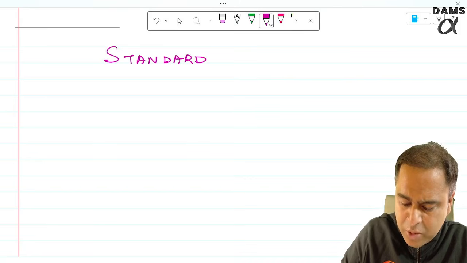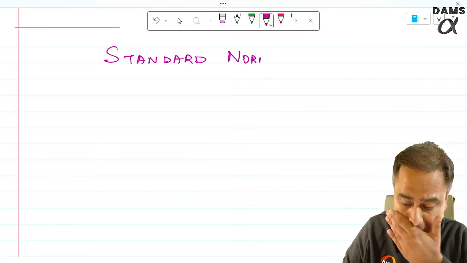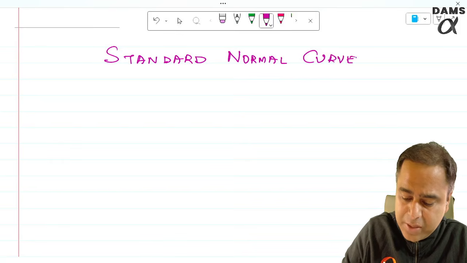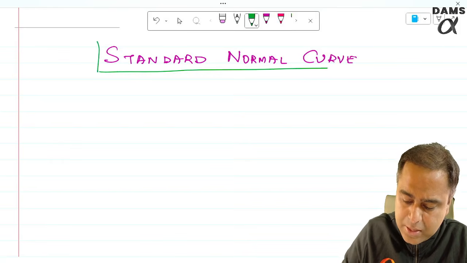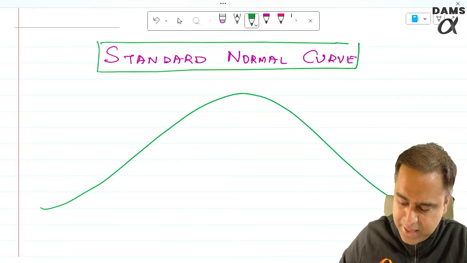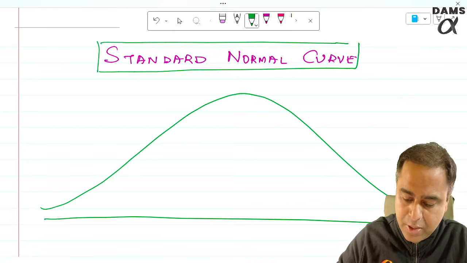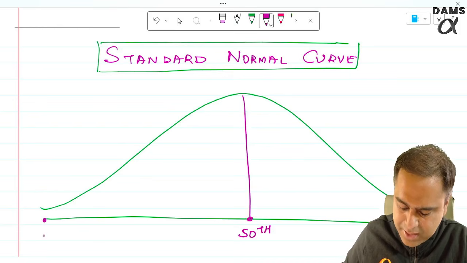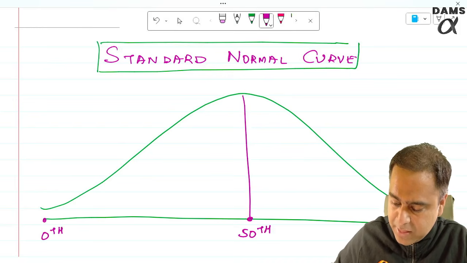Now all of us know from our third year part 1 that we have something called a bell-shaped curve. This bell-shaped curve is bilaterally symmetrical. If I take this as my center point, this is my 50th, this is my 0th, this is my 100th.